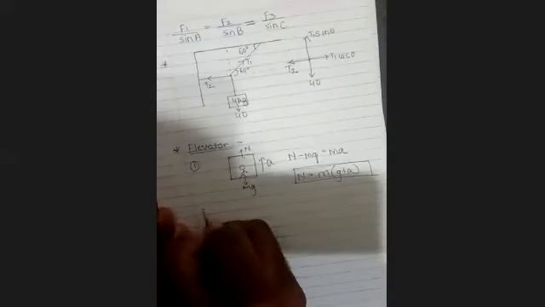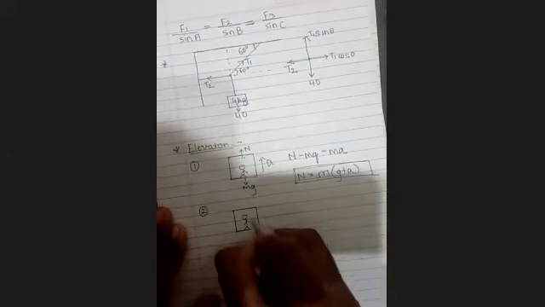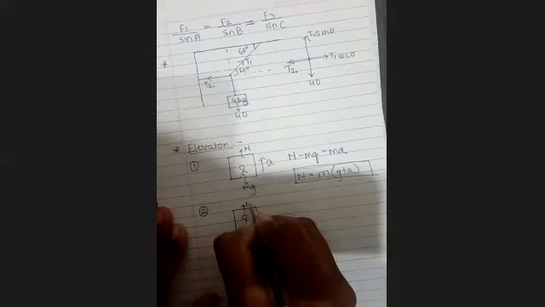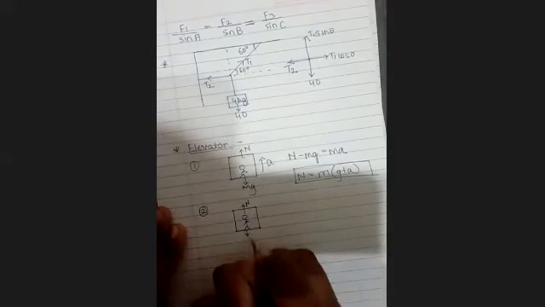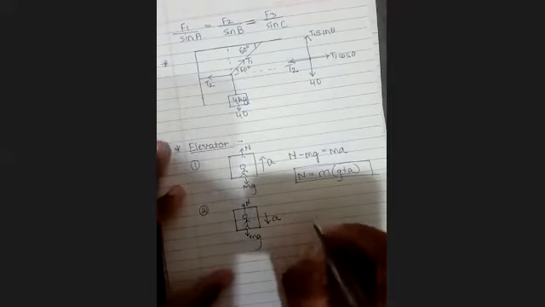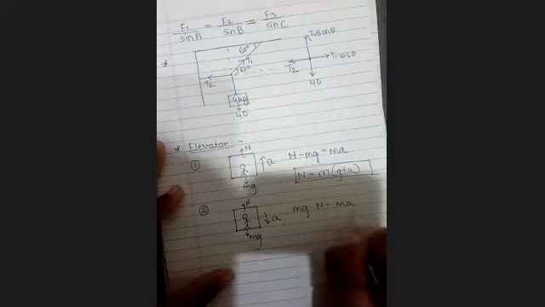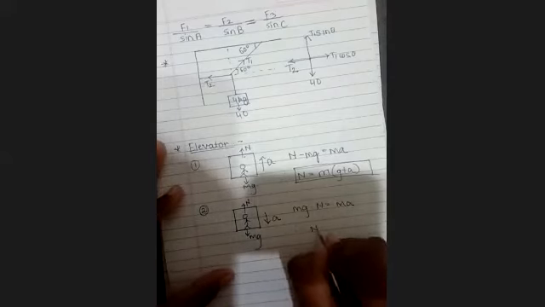But now we will see when the elevator is accelerating downwards. The normal reaction will be up again, there will be mg acting downwards, and this is the acceleration. So mg minus N equals ma, which gives us N = m(g minus a).